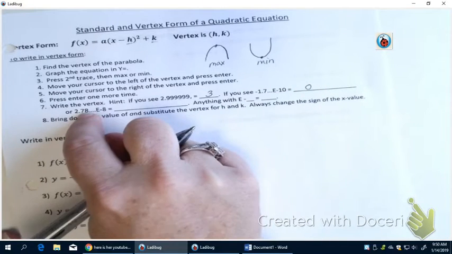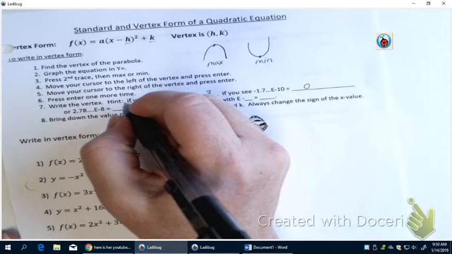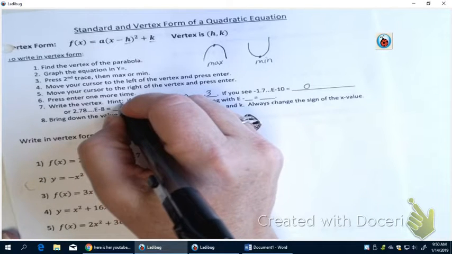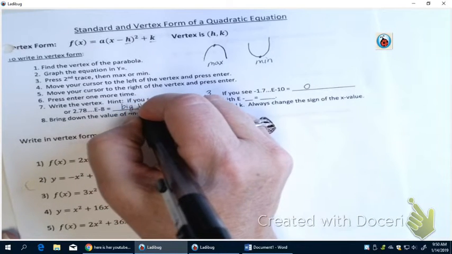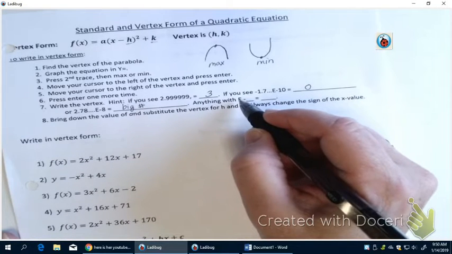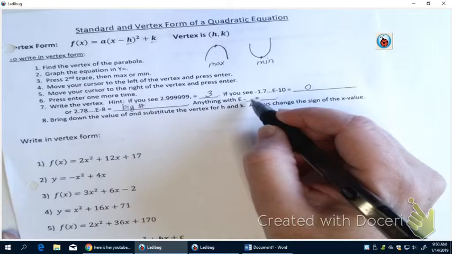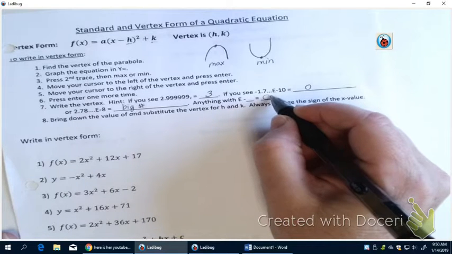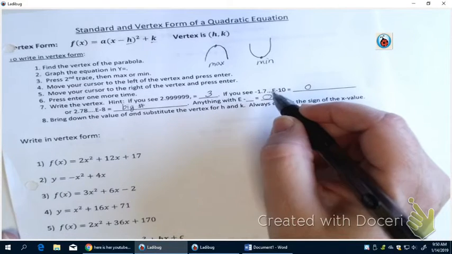If the number is positive, that's a really big number. Most of the time what you're going to see is the negatives in front of it. And as long as you see e and a negative number, then we're going to let that be 0, and you just round it that way. So just look for that e at the end.